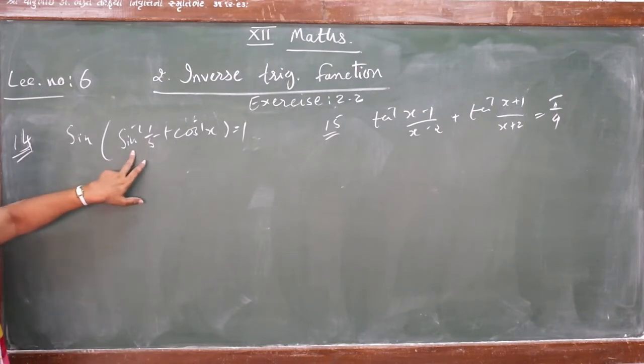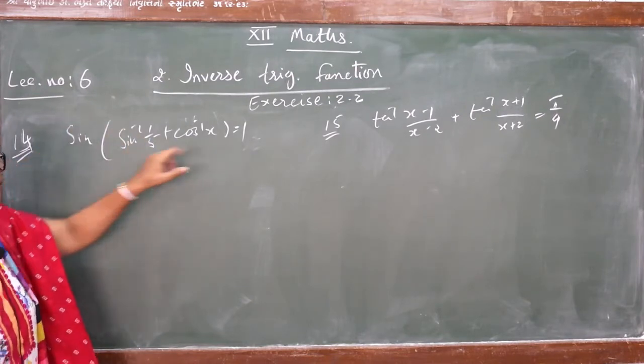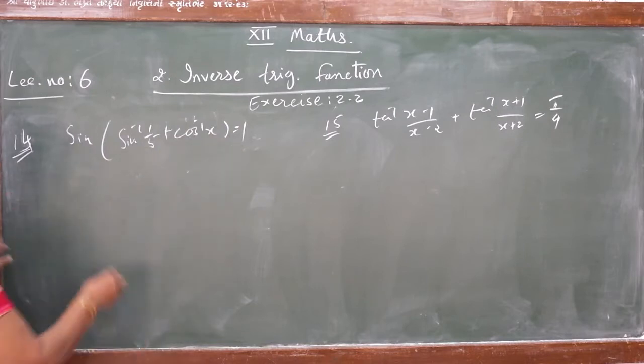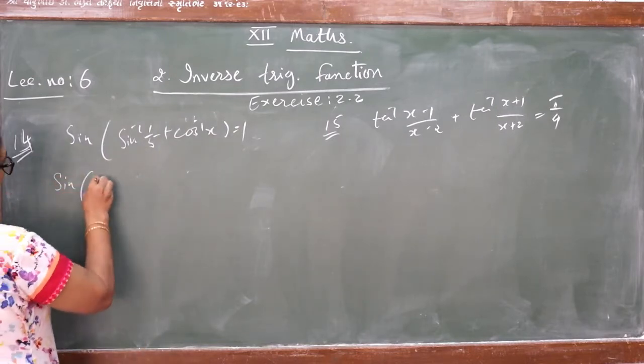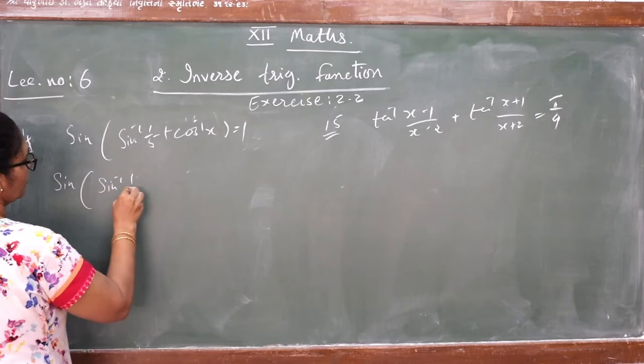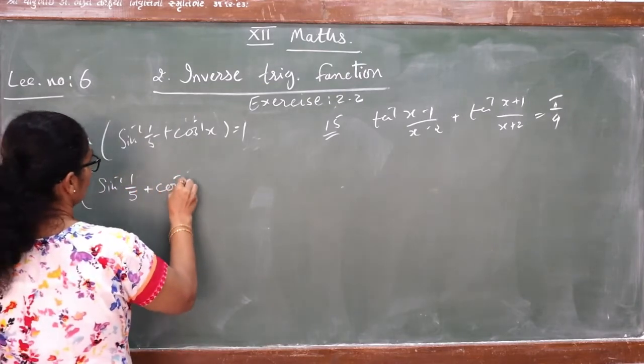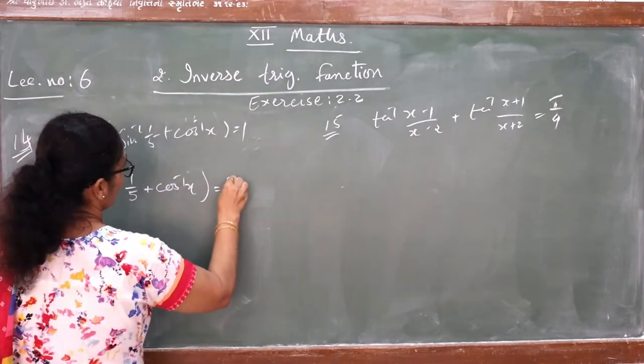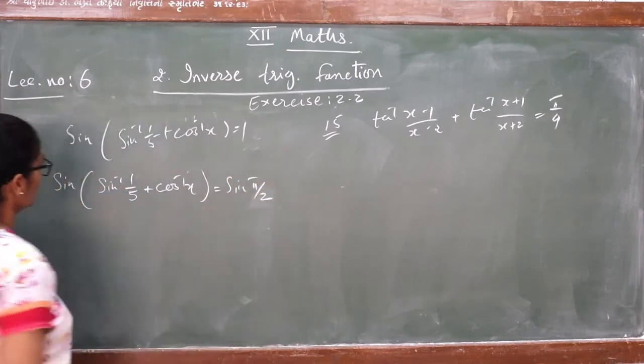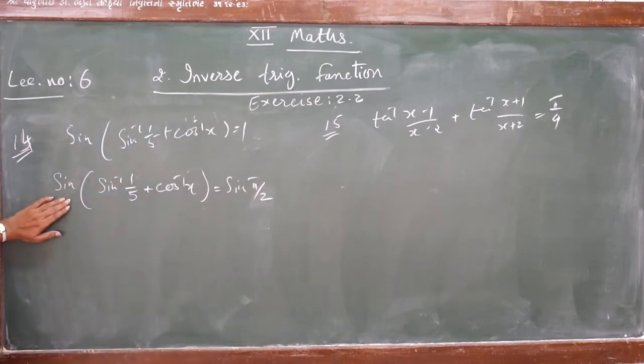See, when sin x equal to 1, we can easily check: sin inverse 1 by 5 plus cos inverse x equal to sin pi by 2, because we already know that sin pi by 2 is 1.